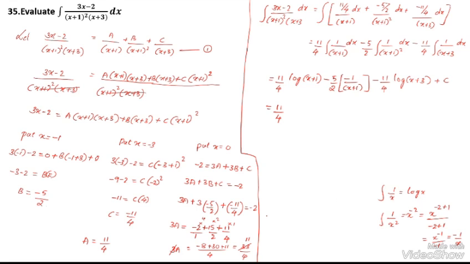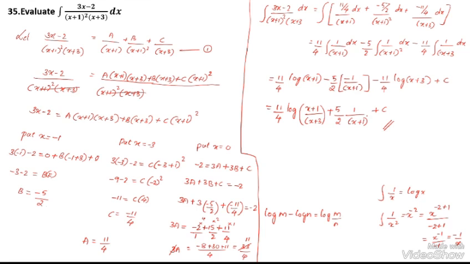So by the property of logarithm, log of m minus log of n can be written as log of m by n. According to this property, I can simply write log of (x plus 1) divided by (x plus 3), minus 5 by, here minus into minus is plus, into 1 by x plus 1, plus some constant c. This is the solution of the given problem.